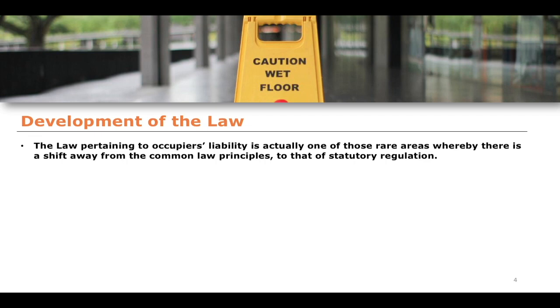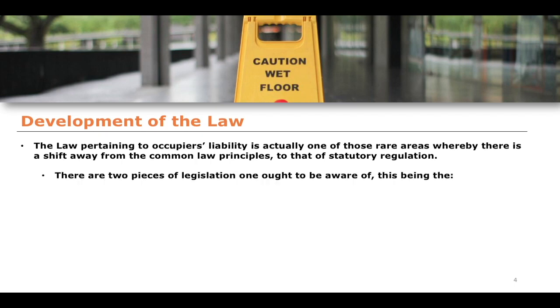This is quite rare in the law of tort, because tort is often construed as a common law area. It's quite heavy in terms of common law development. So negligence is almost entirely made up of case law and developed out of case law. So too are various other areas of law. And so it's quite rare that there is specifically statutory regulation of tortious activity. But occupiers' liability is one such example where this takes place.